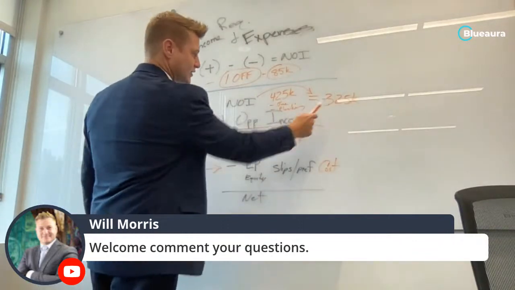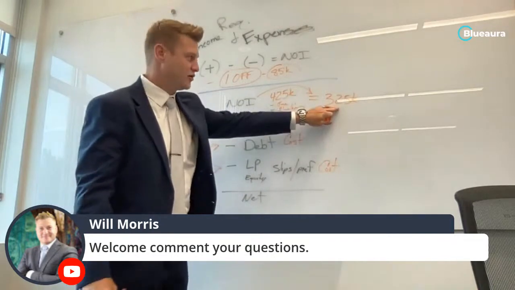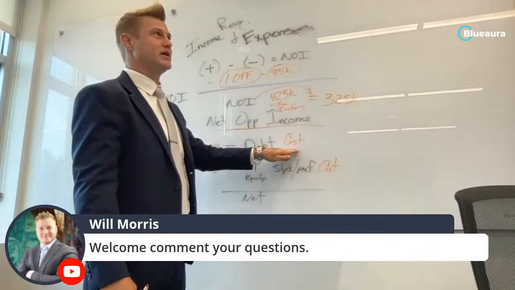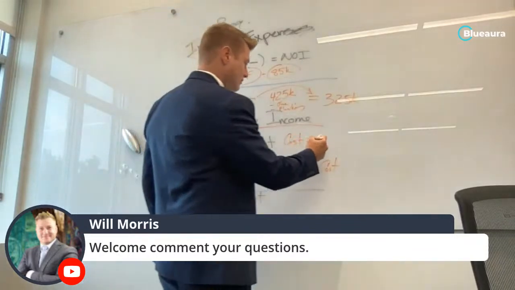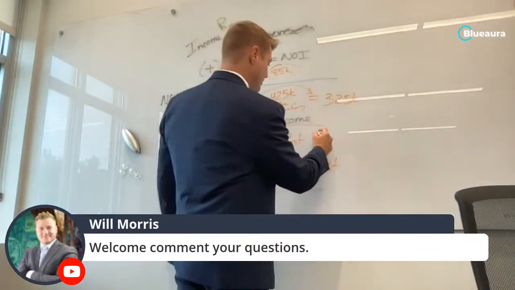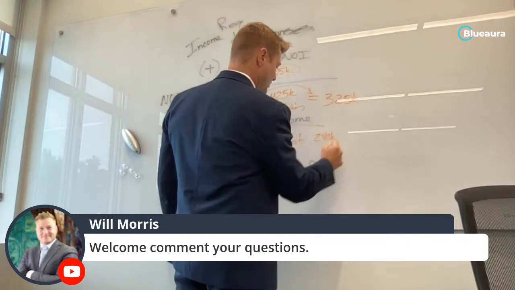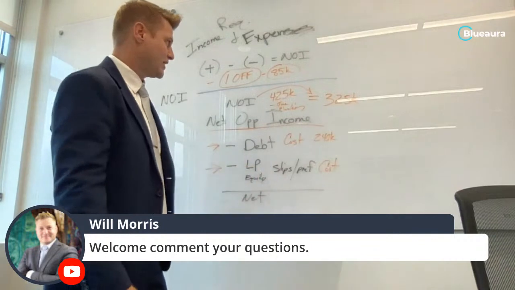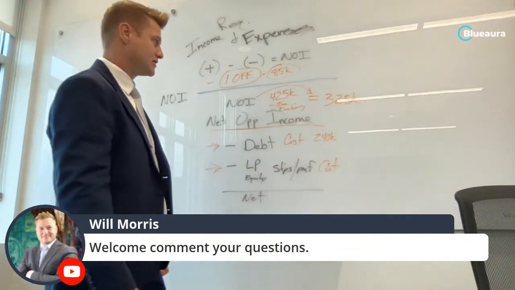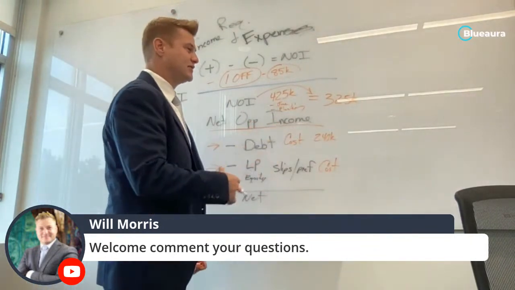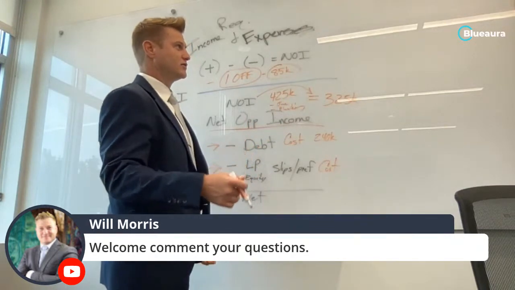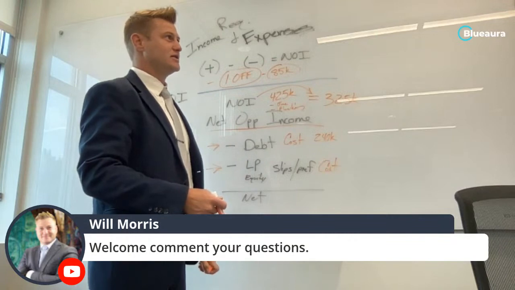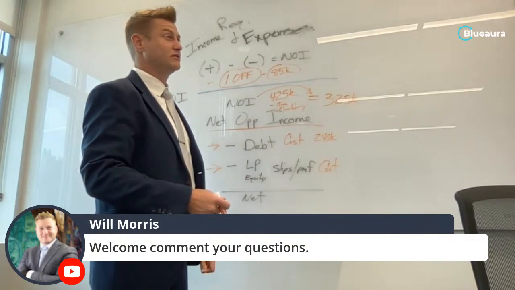So say 325 is our real number, our true NOI after we've done our math. Say our debt cost on that one would have been 20 grand a month. So what is that? 240 a year. And the LP split on this one, well, I don't even remember what it was. Let's just do simple math. Say it was a 10 pref at 2 million.